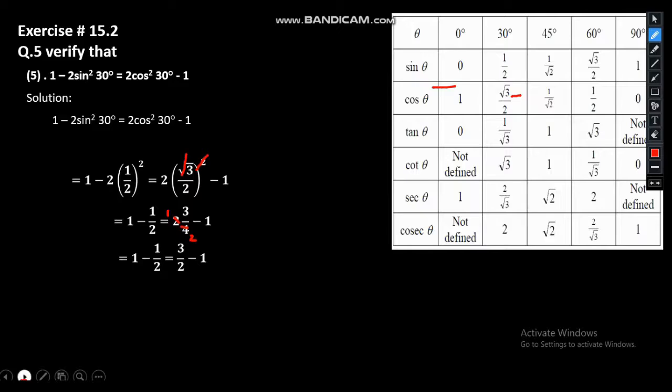Now we take LCM, 2 minus 1. Next step, 1 divided by 2 is equal to 1, not, 3 minus 2 is equal to 1, so this is also true. Now we further go to the next question.